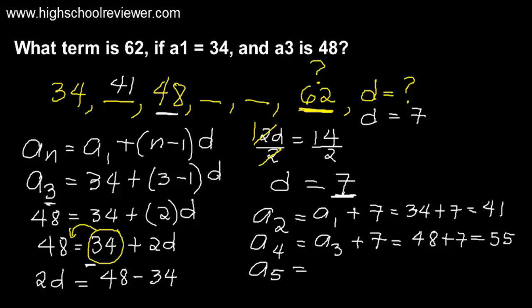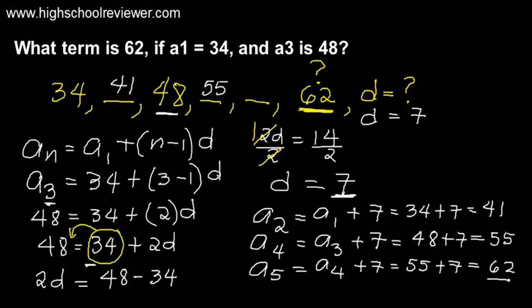So our A sub 5 will be equal to A sub 4 plus 7. Our A sub 4 is positive 55, plus 7. This will be equal to positive 62.